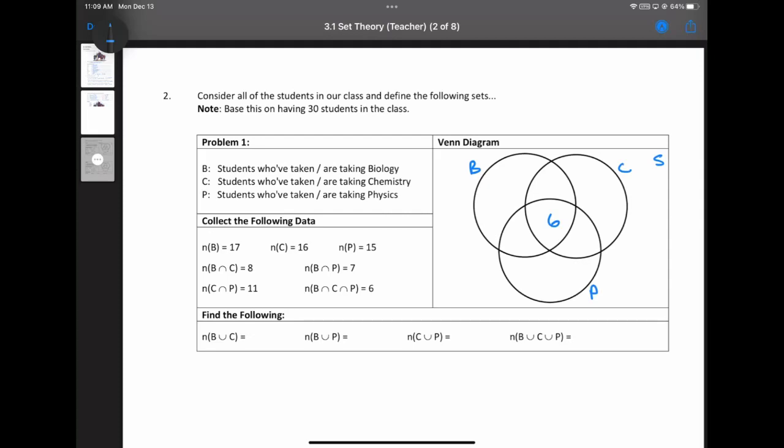I don't want to call them the fat ones. They're more like the Star Trek logo things. The three pieces of football that haven't already got a number on them. So if we look at the number of people in biology and chemistry, that football that's kind of in the center at the top, there should be eight people.